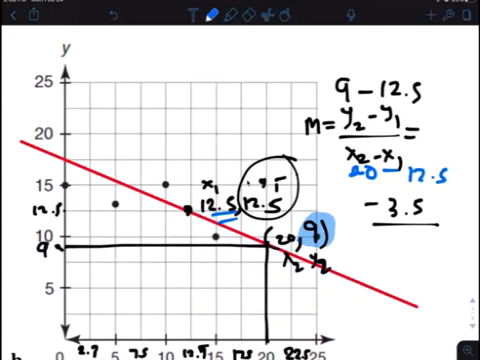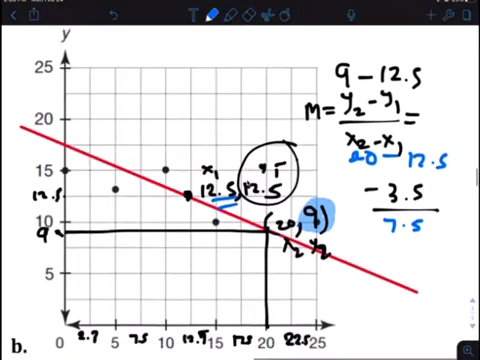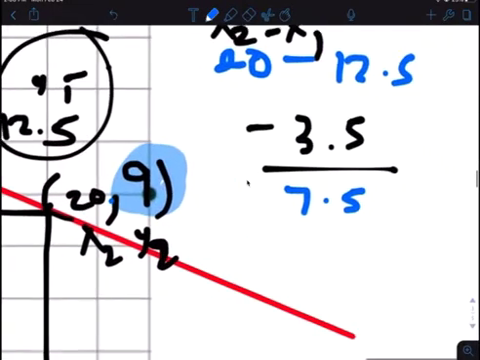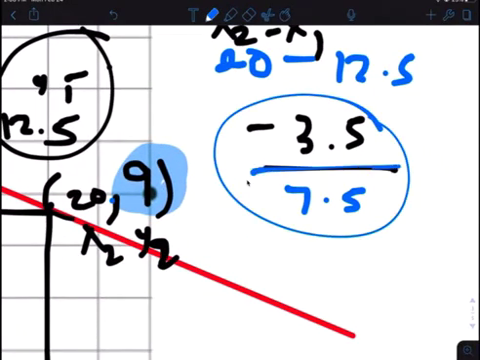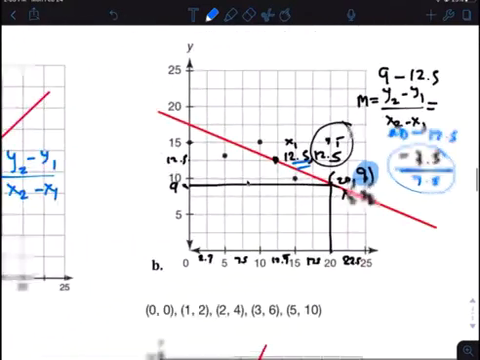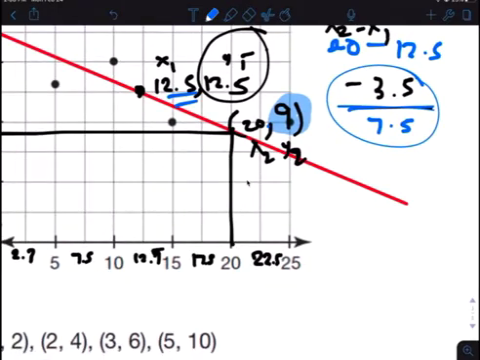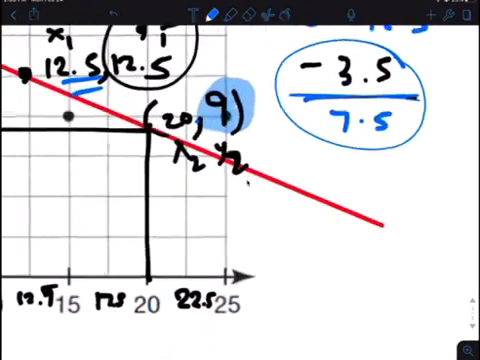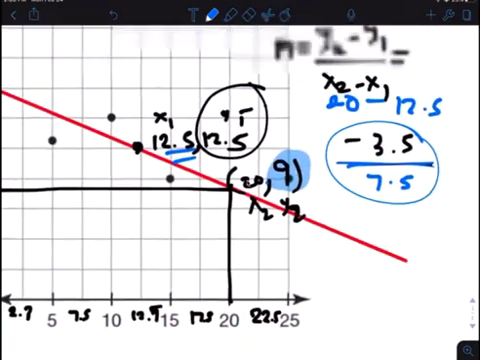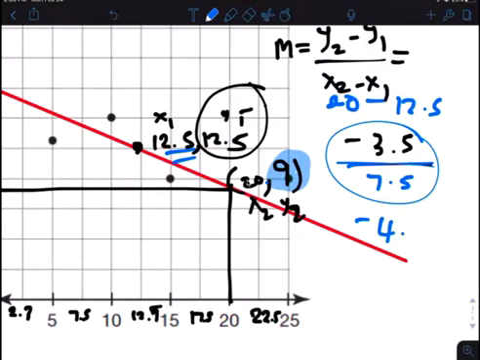So you get 7.5. You cannot have decimals within a fraction, it doesn't make sense. So you use your calculator, divide 3.5 by 7.5. You get 0.4666 repeating.